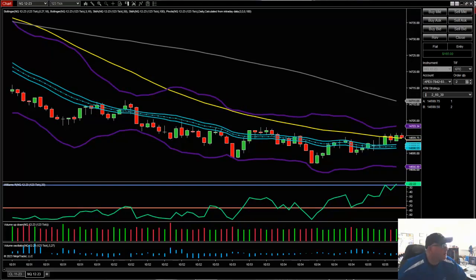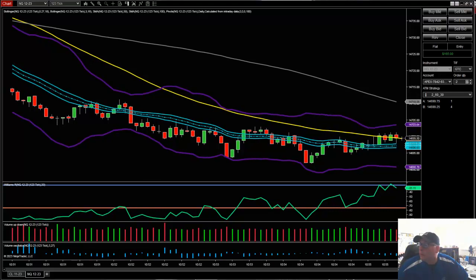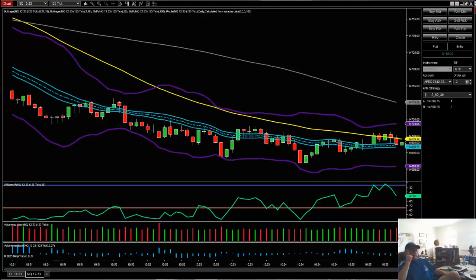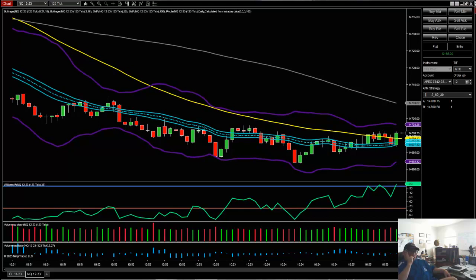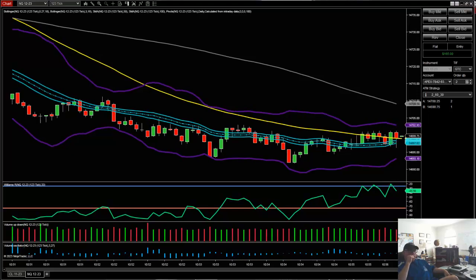That bar was about what, 7:45. That last 5-minute bar was a range of 746 to 691. 50-point move. Green bar in front of it kind of threw me.